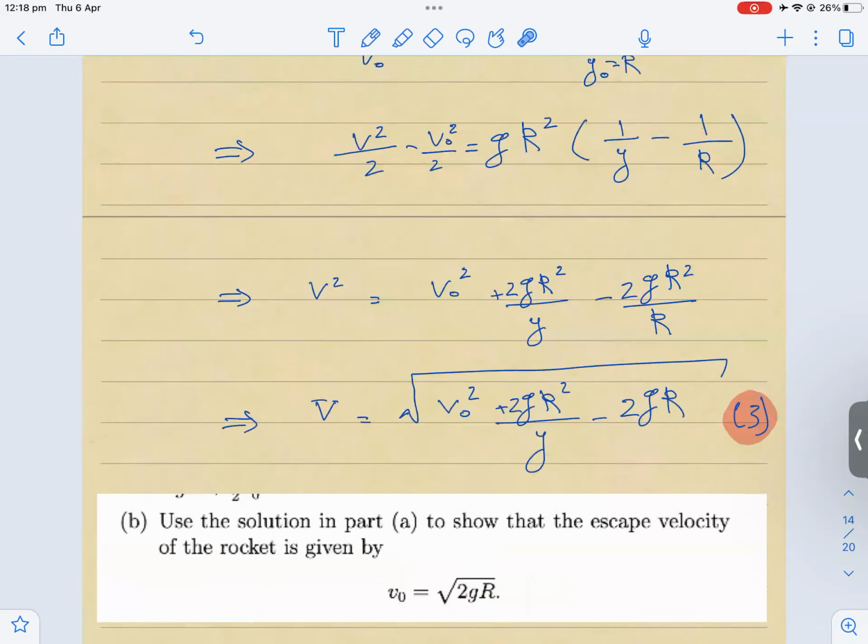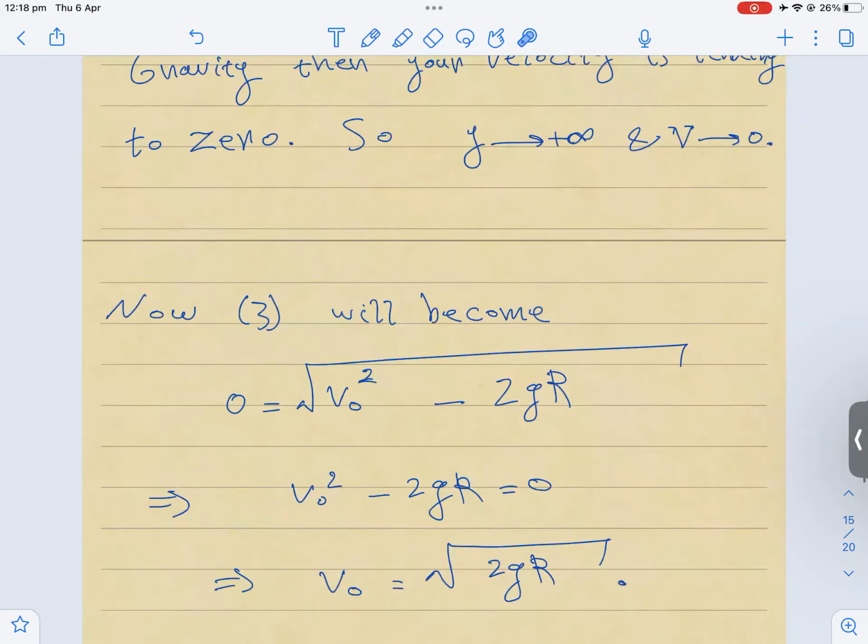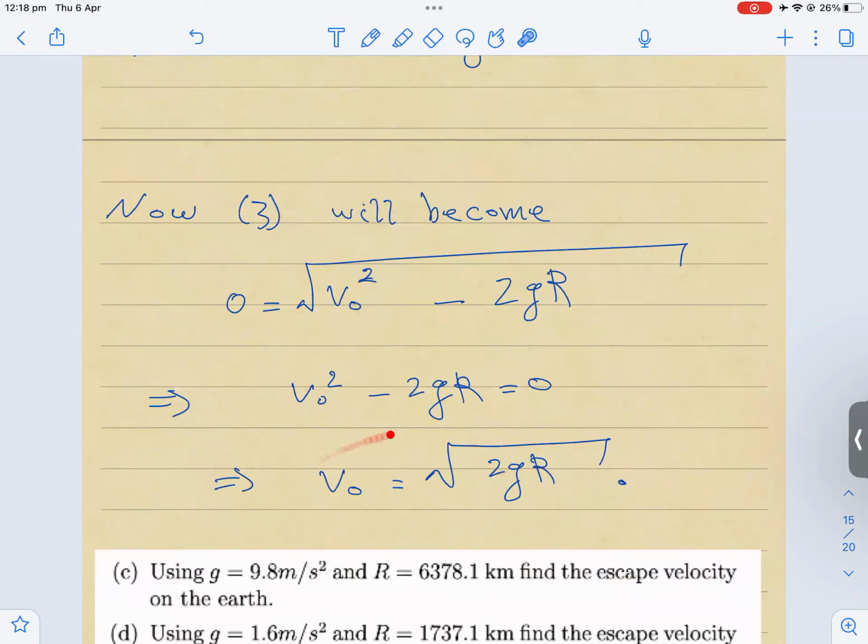So this guy here will be 0, and this y will be a big number. As a result, this fraction will be tiny. So this will be 0 equals v0 squared minus 2gR. Therefore, the inside of the square root is 0, so from here you can get this one.